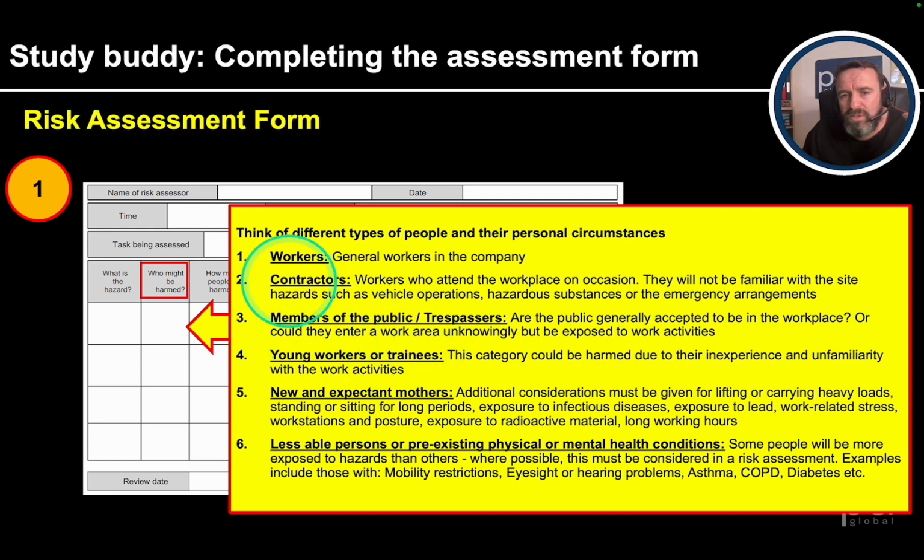So we've got workers, contractors, members of the public, or even trespassers, young workers or trainees, new and expectant mothers, less able persons, or those with pre-existing physical or mental health conditions. I always iterate this over and over when I work with clients. When we're thinking about persons with pre-existing conditions, if we're doing a noise risk assessment, which is a specific risk assessment, and the individual or individuals already have noise-induced hearing loss, then you have to protect them.